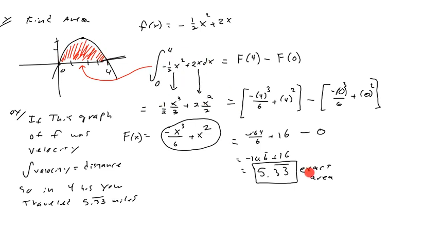So if this was velocity, the integral of velocity gives me distance. So in those 4 hours, I've traveled 5.33 miles, or whatever your units are. If this is meters per second, then we've gone that many meters in that many seconds, whatever your units are.